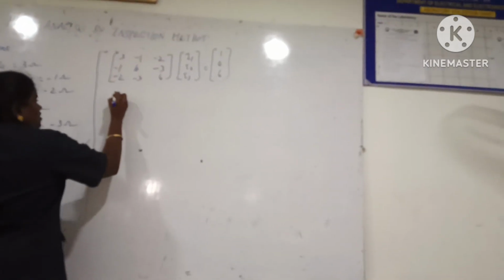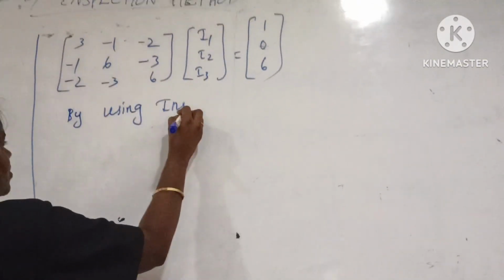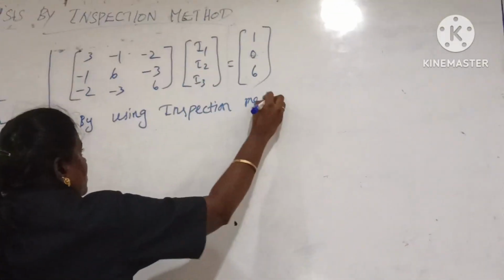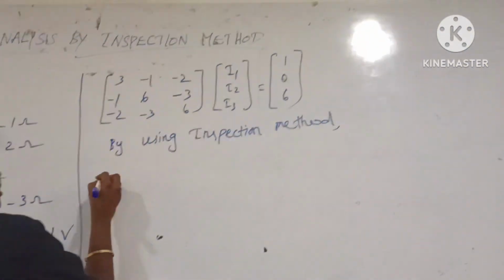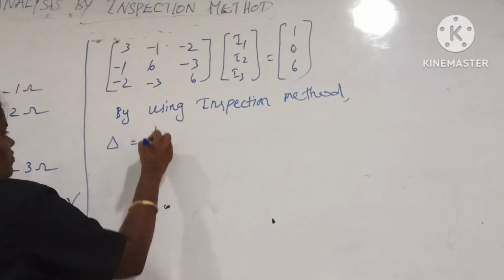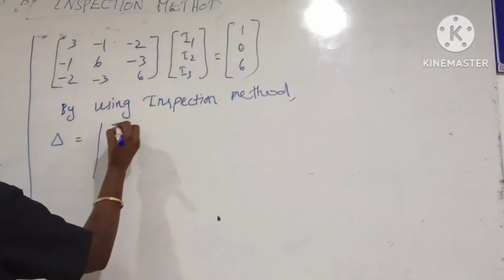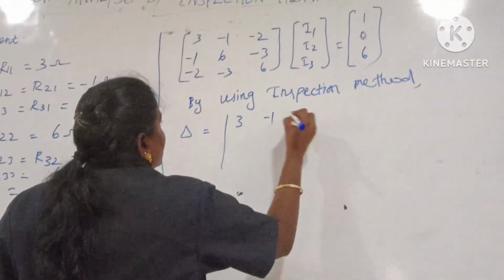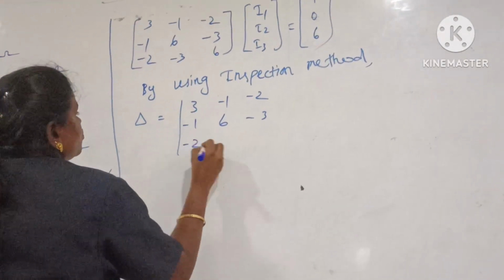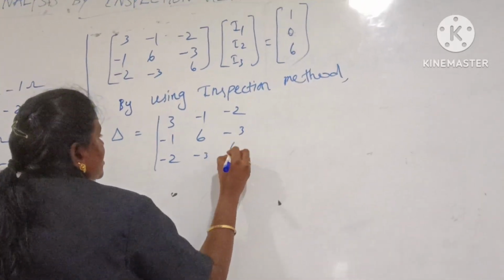By using the inspection method, we have to find the del value, and del 1, del 2 and del 3. First the del value: the determinant of the matrix 3, minus 1, minus 2, minus 1, 6, minus 3, minus 2, minus 3, 6.